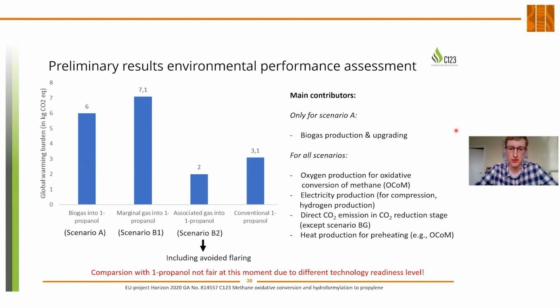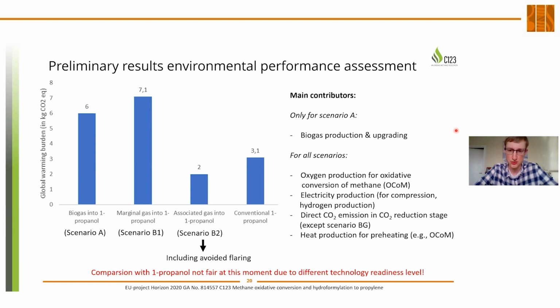However, at this stage of the project, we still have to be careful with this comparison, as the C123 scenarios and the conventional production have a different technology readiness level. The main contributors to the impact are the biogas production and upgrading in scenario A. This can be explained by the high amount of biogas that is needed to obtain 1 kilogram of propanol, and also the substantial amount of energy that is needed.